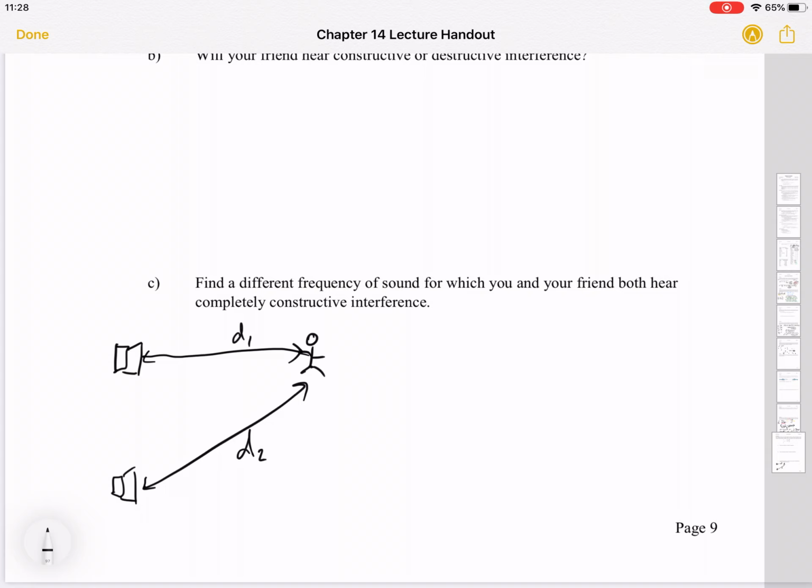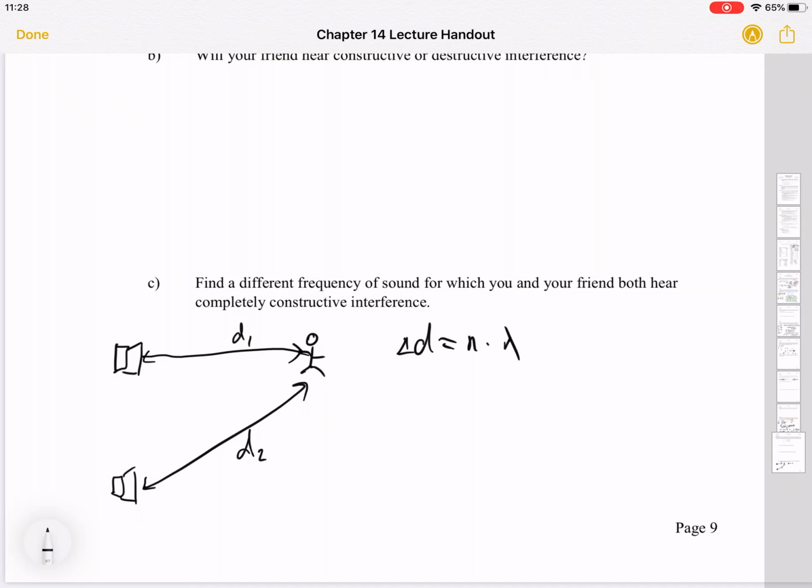You could also ask this. You could say, I'm standing at this location. For what frequencies is the sound loud? For what frequencies is the sound quiet? In that case, you're actually solving for an infinite number of things, right? You would say delta D equals N times lambda.